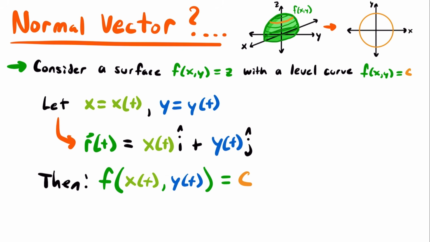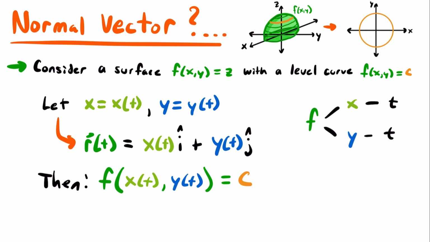Okay, you could draw out the derivative tree here for the chain rule. F has two intermediate variables of x and y, which are both defined in terms of that independent variable t. So if we take the derivative of both sides of this equation, we'll use the chain rule to take the derivative of f, and then the derivative of the constant c would be 0 because the derivative of all constants is 0. Okay, so let's use the chain rule here.